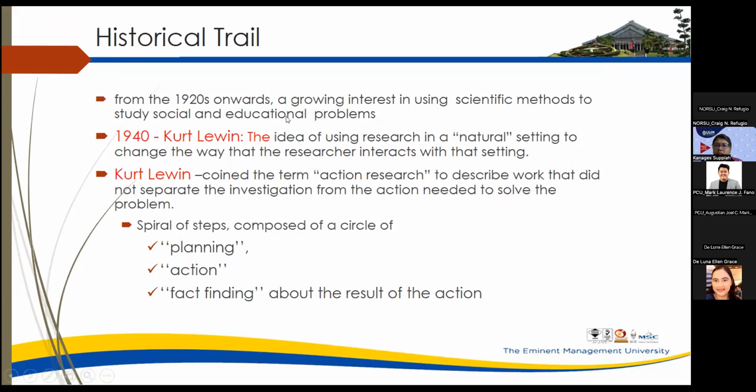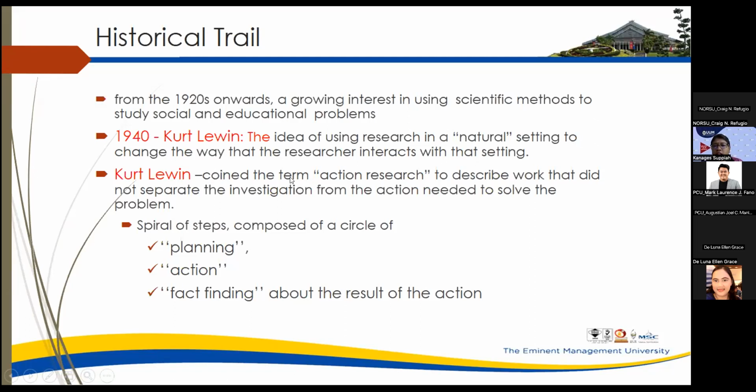So what happened was that in the 1920s, there was a growing interest in using scientific methods to solve social problems. So Kurt Lewin, he's the person, came up with the idea of using research in a natural setting.